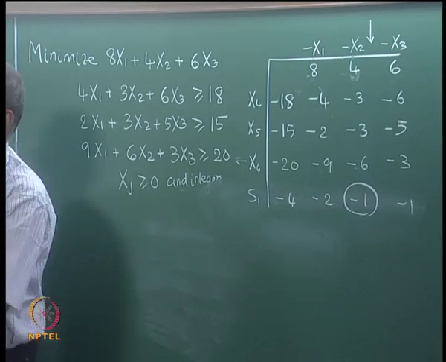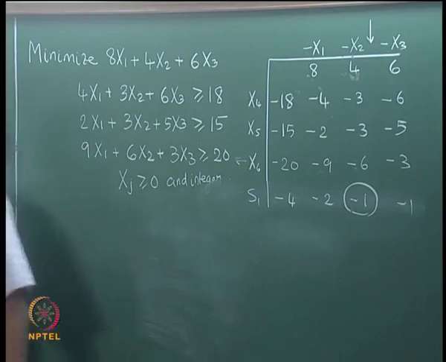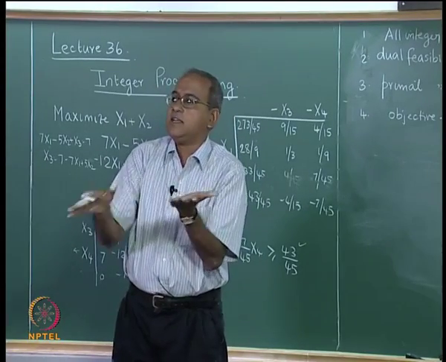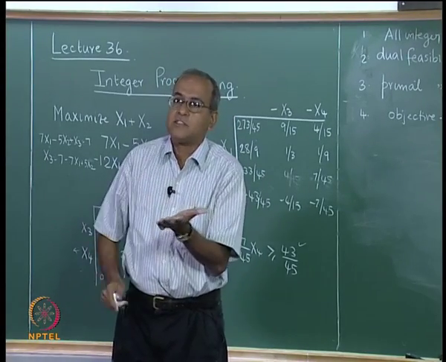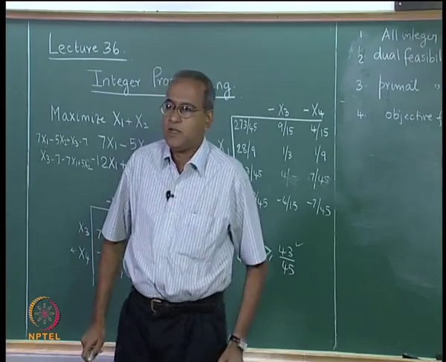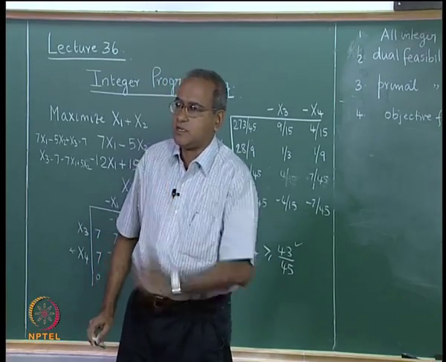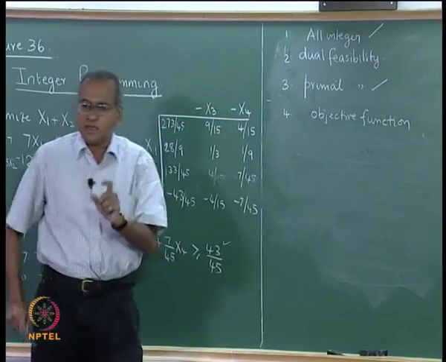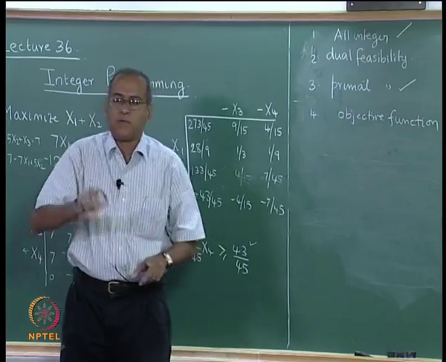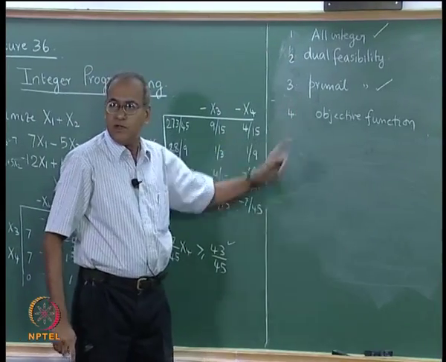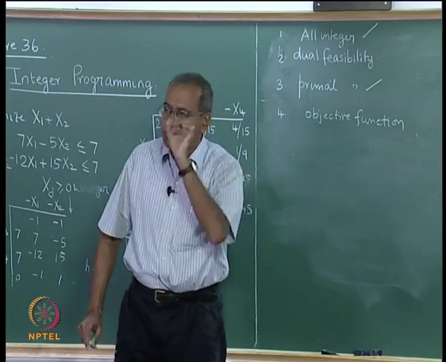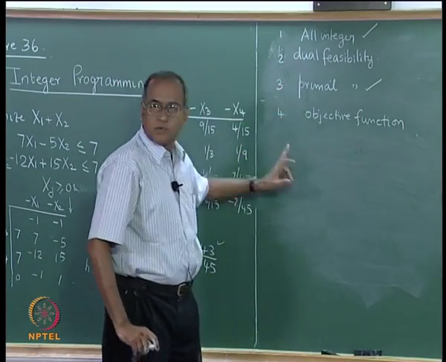So h has to be such that that feasibility is ensured, and h should also take us to a reasonably large increase or decrease in the objective function, so that we move towards the optimum. So h has to be sufficiently chosen so that all four are achieved. Right now what we have seen is a -1 pivot would help us comfortably achieve these two. Now h should be chosen in such a manner that the pivot is -1, plus we also achieve these two.